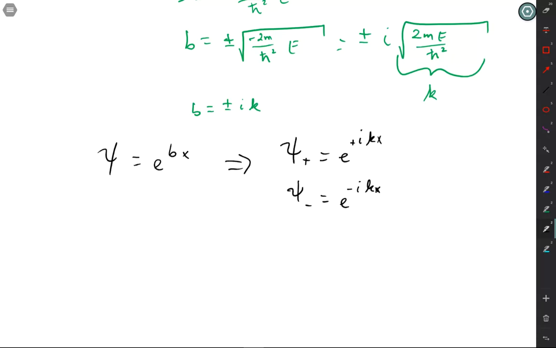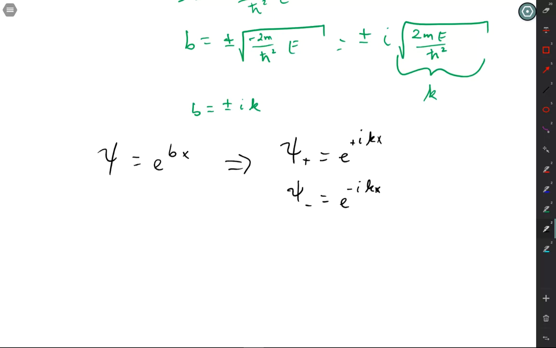And so just like before, when I was talking about, last class period, psi is equal to the sum of all of these different solutions. Our solution here is just going to be a linear combination of psi plus and psi minus. And how much is psi plus and how much is psi minus depends on how I set up the system.